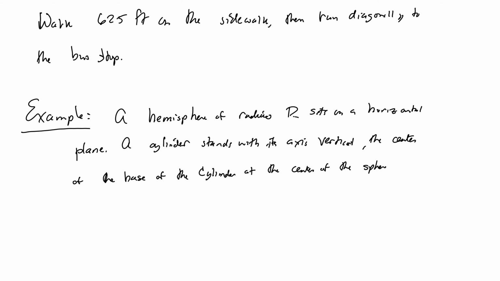Okay, so we have a cylinder that's going to have its axis going vertical, and its base is going to sit on the same horizontal plane as the hemisphere sits on. And its top, the circular rim of the top of the cylinder, touches the hemisphere.